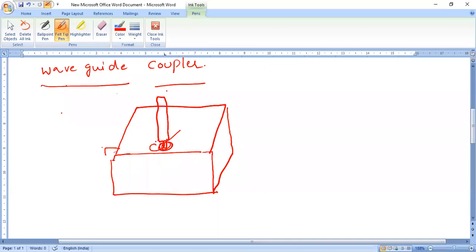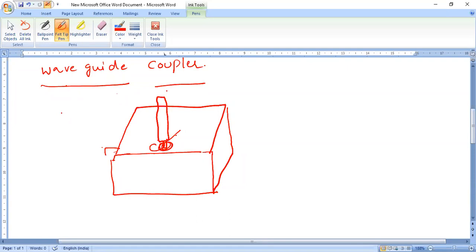Using this small probe, we are feeding the signal into the waveguide using a coaxial probe. Don't think that the signal is always fed into the waveguide.